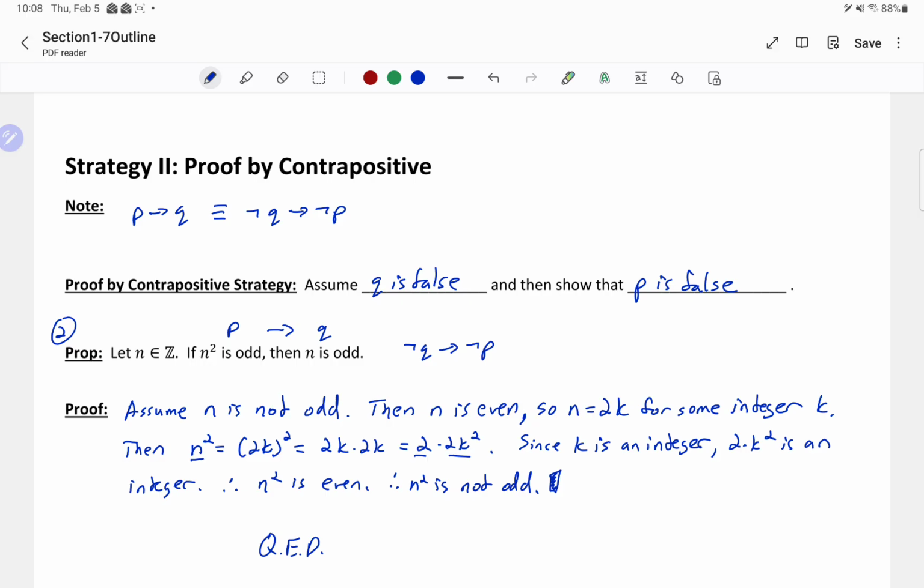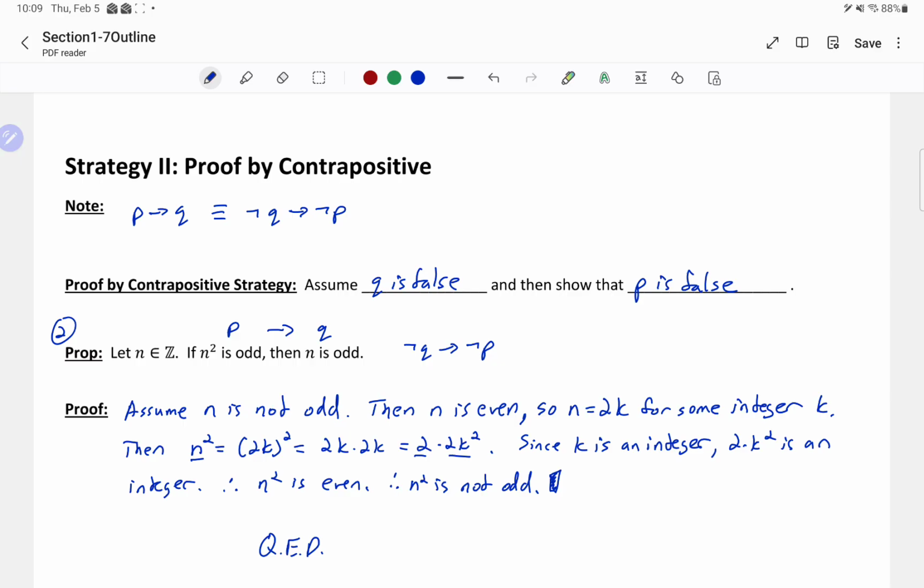If the conclusion is false, I get that the premise is false, but I don't understand how that can actually prove it. Well, the thing that I'm asserting is true is that if n squared is odd, then n must also be odd. So if I'm saying if p is true, then q is true.